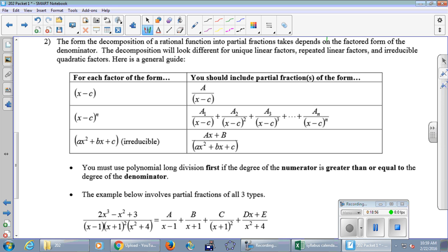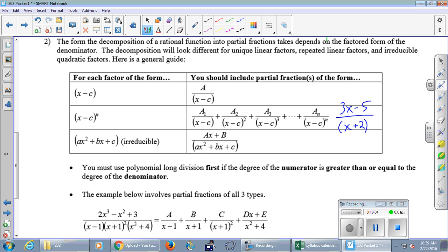So for example, if you had 3x minus 5 over x plus 2, let's do squared. You would split this guy up as an a over what? X plus 2. You start with the first power always, plus b over x plus 2 squared. If it had been cubed, you'd have a c over the thing cubed. You start with the first power and you build all the way up to the highest power.